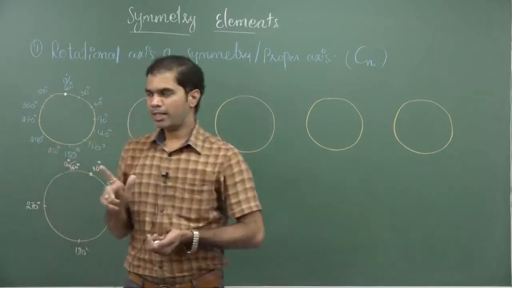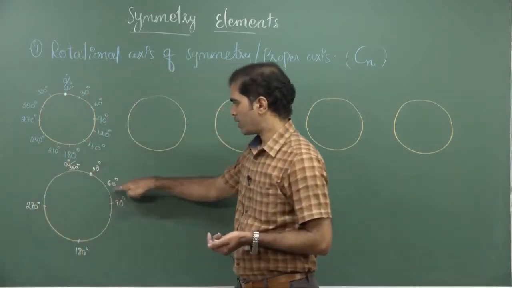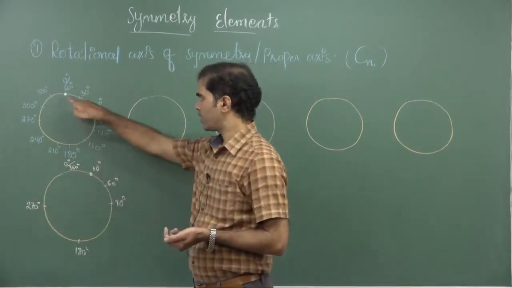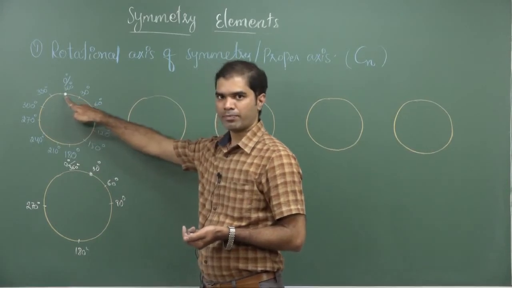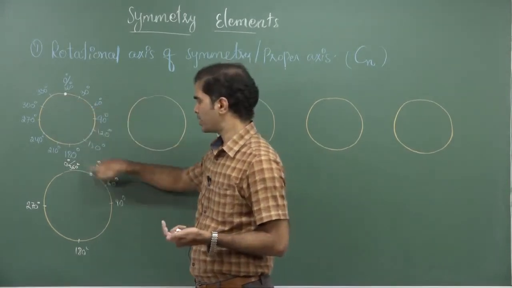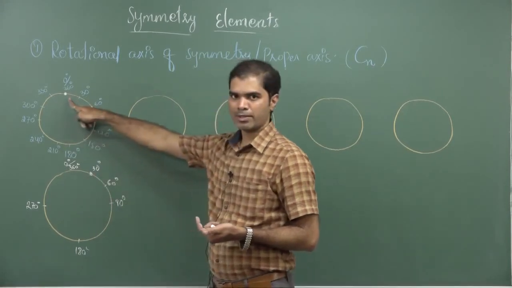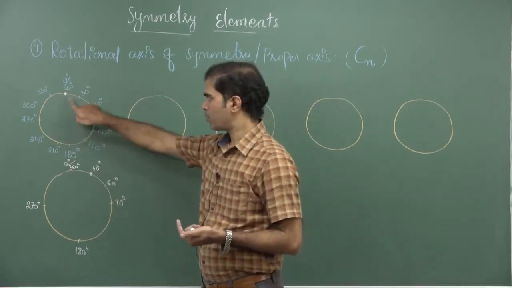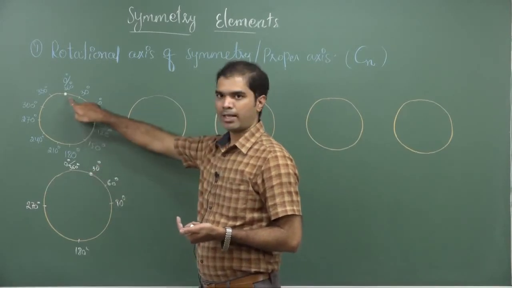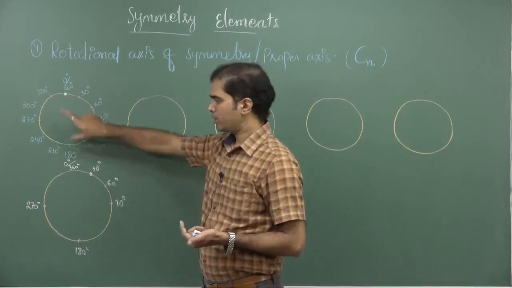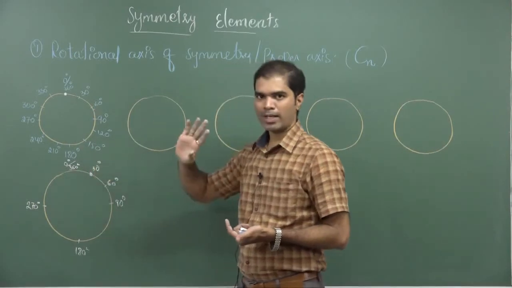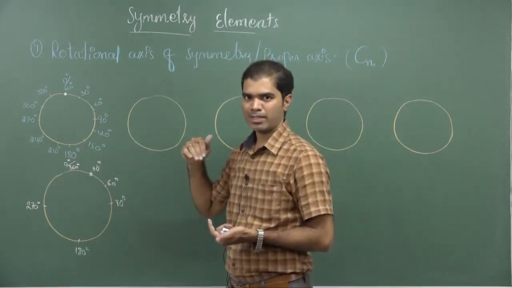When I rotate it to 30 degree, whatever configuration I got, is it looking similar to the original one? The answer is no, it is not looking similar to the original one. Neither is it the same as the original one. So this is not an equivalent configuration, nor is it an identical configuration. So 30 degree rotation is not a valid operation. That is what we have to understand.